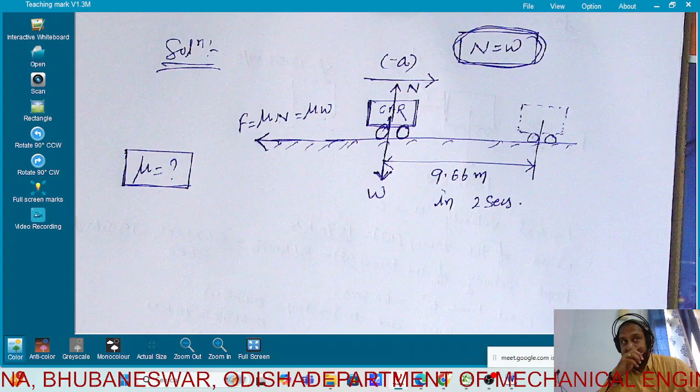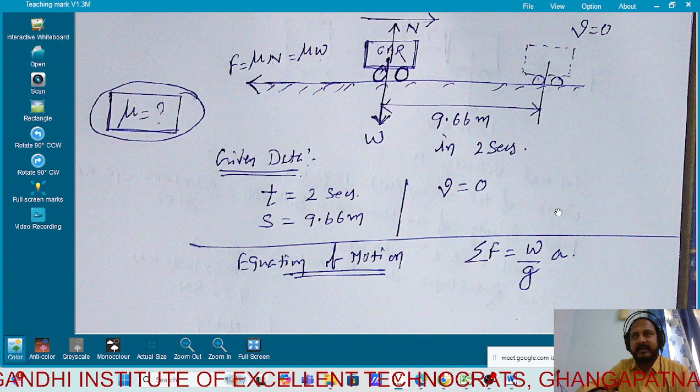Now by seeing this diagram, which force is responsible to finally stop the body? Frictional force. You can see here, frictional force or not? Very good.